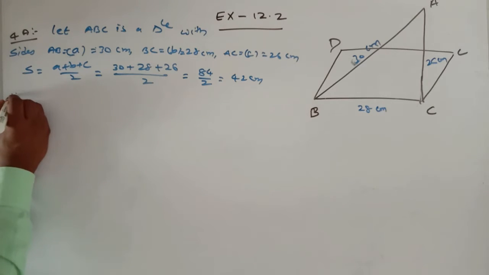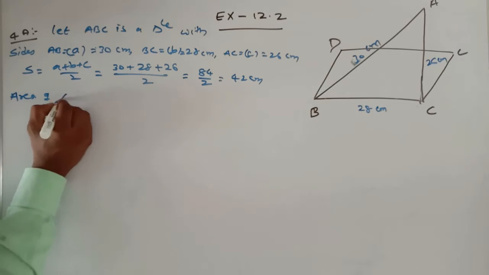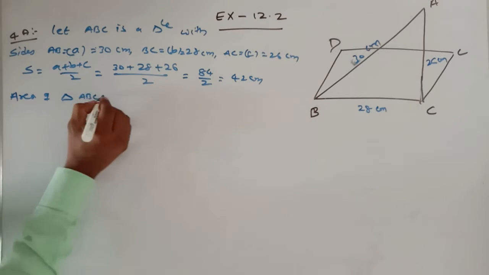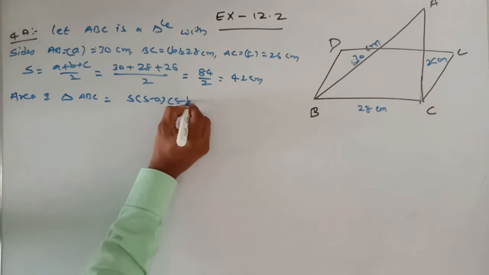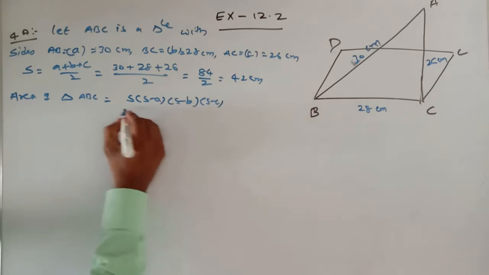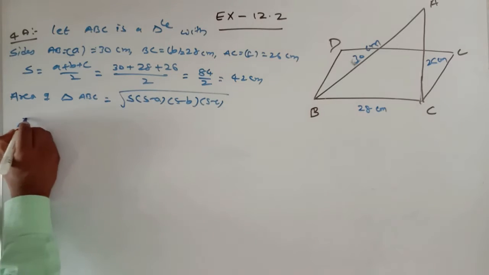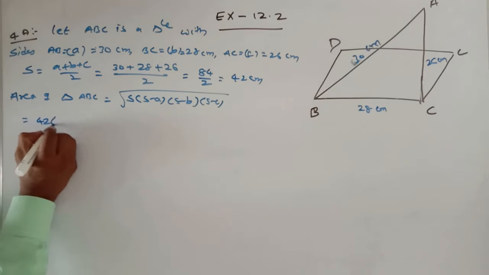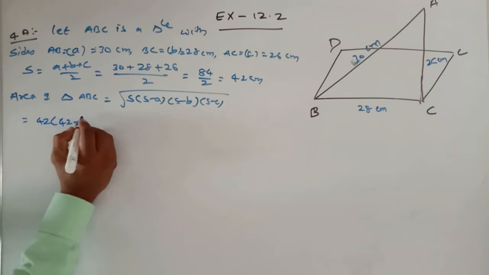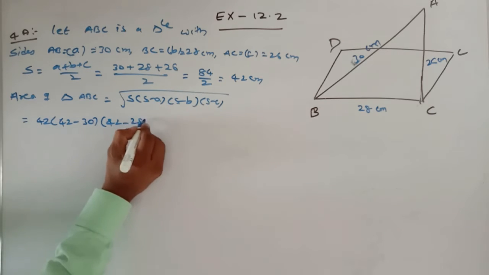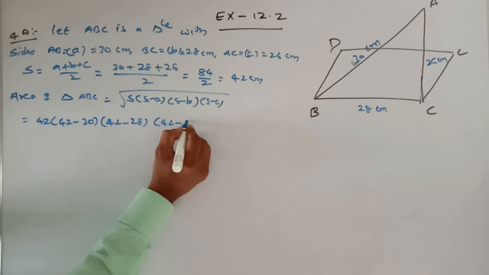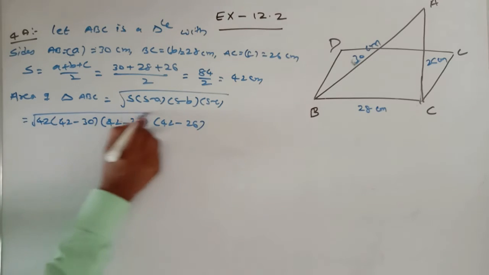Now by using Heron's formula, the area of triangle ABC is equal to the square root of S into (S minus a) into (S minus b) into (S minus c). That's equal to the square root of 42 into (42 minus 30) into (42 minus 28) into (42 minus 26).